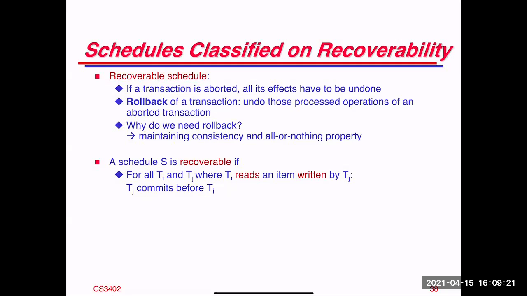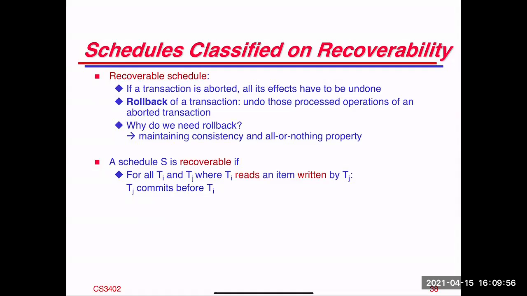So for instance, in this transaction Ti, I'm reading some item that was previously written by some transaction Tj. Now let's say I don't have this property that Tj needs to commit first. So let's say Ti commits first. Ti has read this item, does something, maybe writes another item that depended on the result that it read, and then it commits, and its effects become permanent in the database.